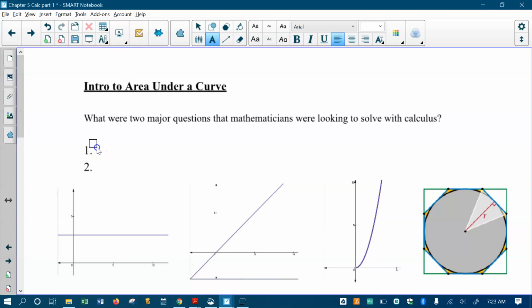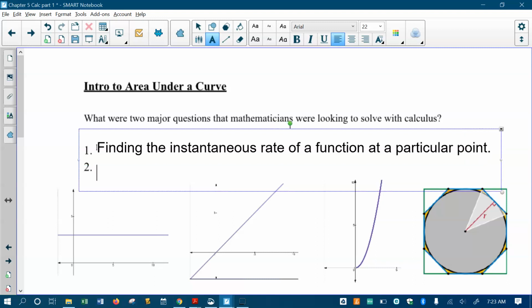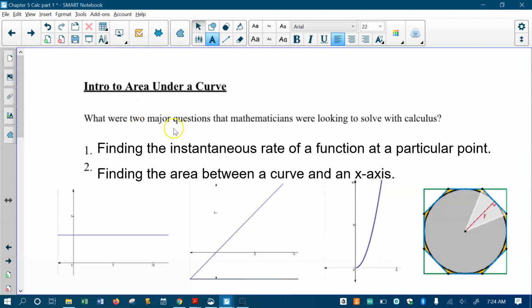Two questions that they were obsessed with about calculus is one, the instantaneous function at a particular point. Okay. Second one was finding the area between a curve and an x-axis.